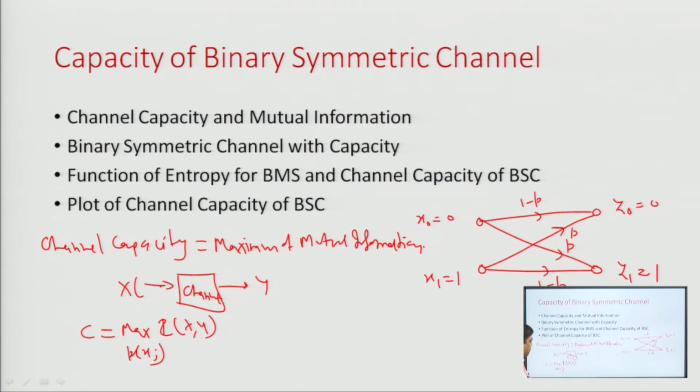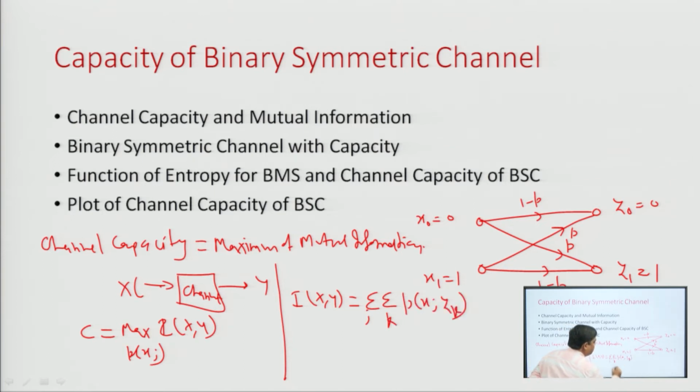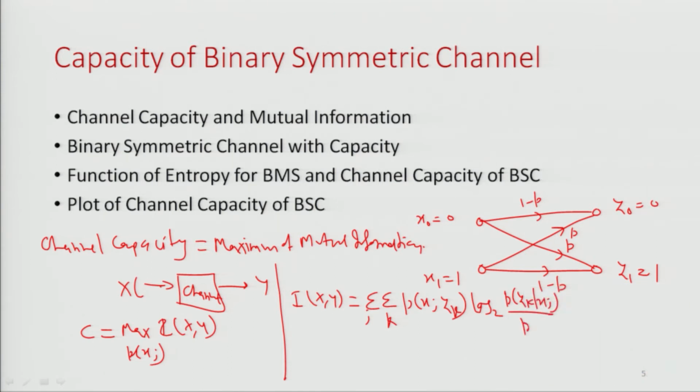Then as per the equation of I(X;Y), suppose we have taken the equation: summation over j, summation over k, joint probability P(x_j, y_k), log base 2 of P(y_k | x_j) divided by P(y_k).